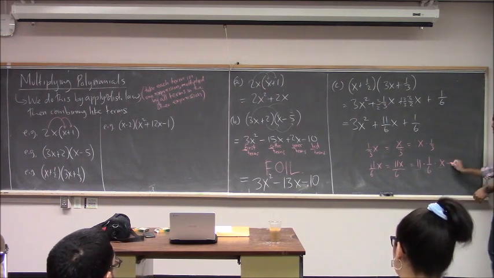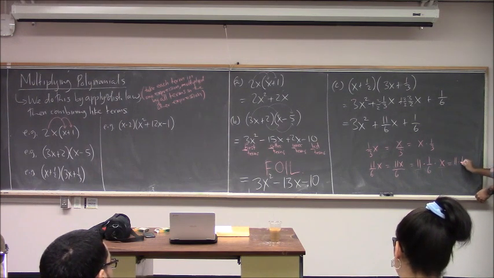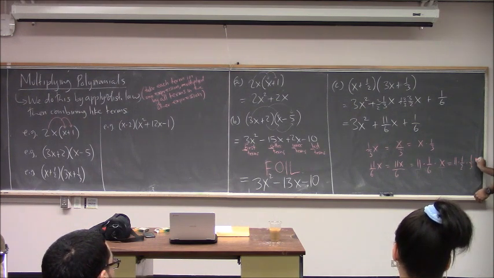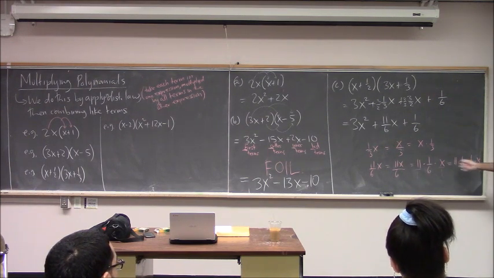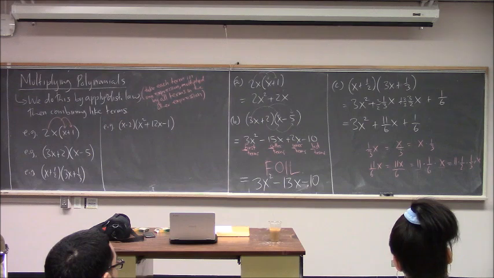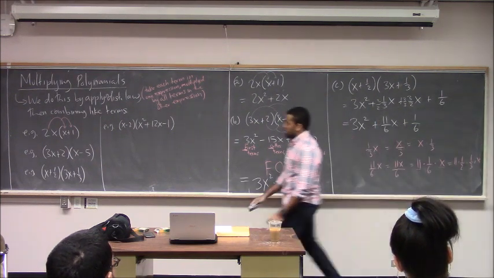Okay? Now you do think of this as 11 times 1 over 2 times 1 over 3 times x. Right? This should not be confusing anybody. If it does, you need to practice a few problems to get used to it. You have no idea how simple that will make things.